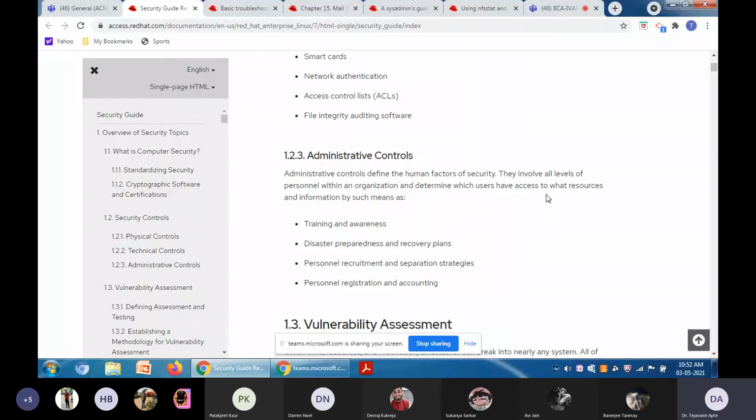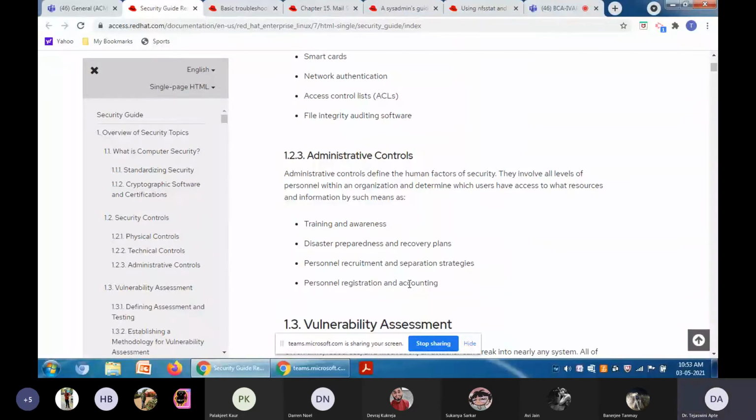There we discussed who can access what for reading as well as writing. But they need to have training and awareness, disaster preparedness and recovery plans, personnel recruitment and separation strategies, personnel registration and accounting.